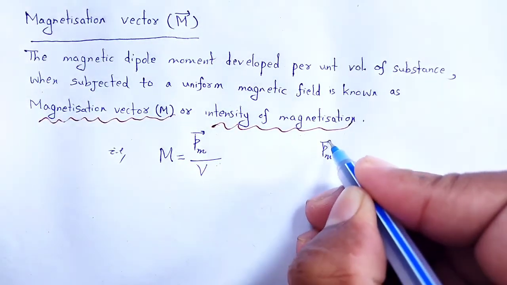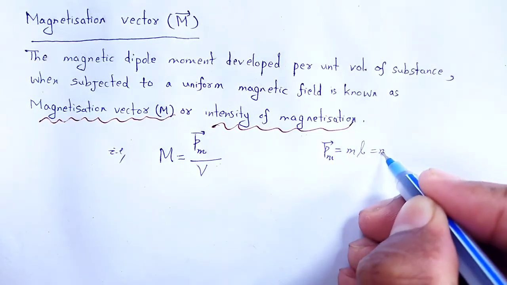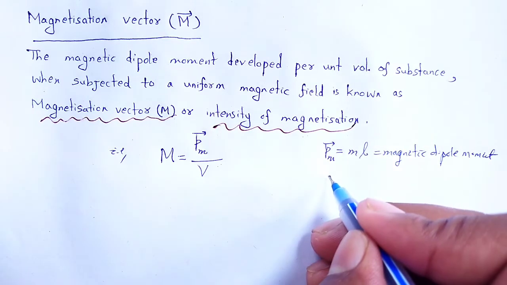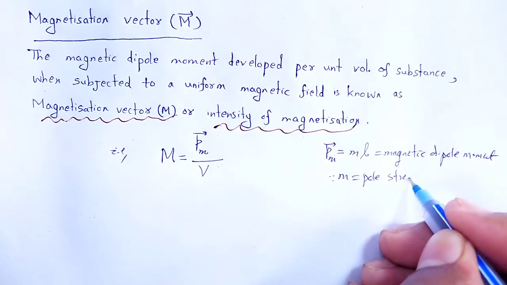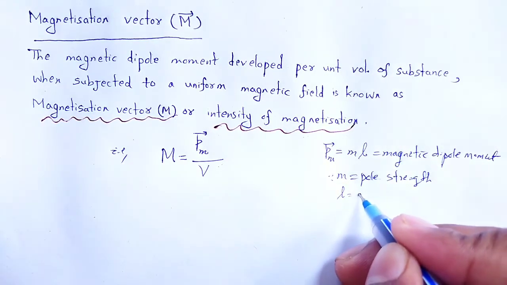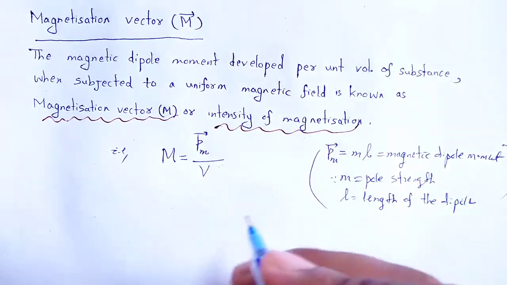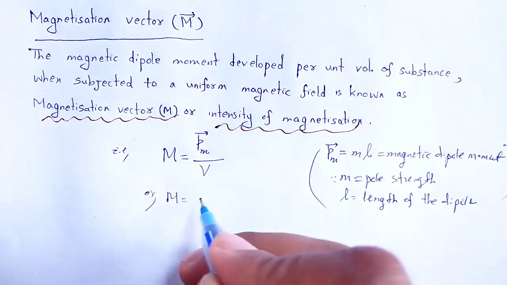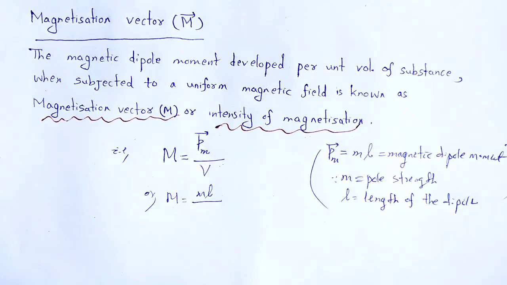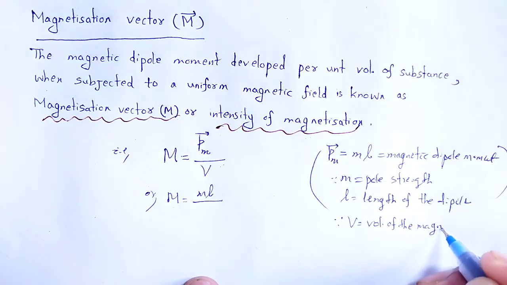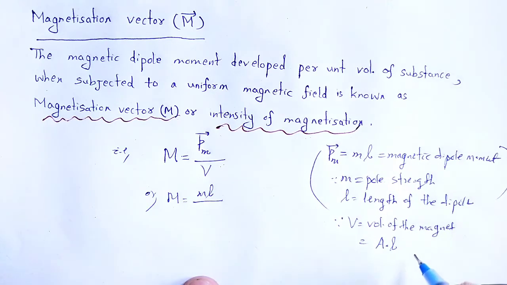Here Pm is equal to pole strength into length, which is known as magnetic dipole moment. m is the pole strength of that magnet, l is the length of the dipole, or M is equal to m l divided by V, the volume of the magnet, which is equal to area into length, where A is the area of that magnet.